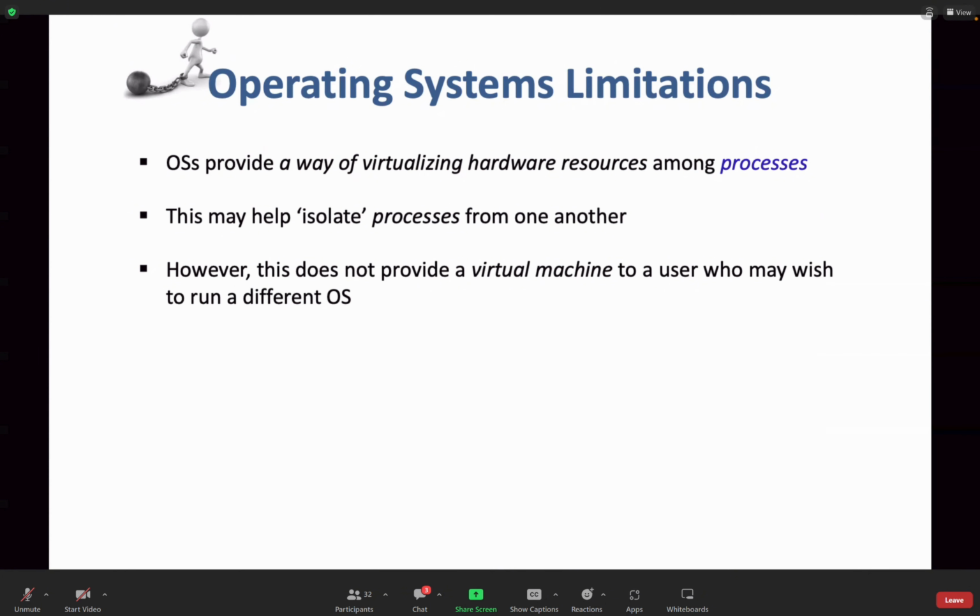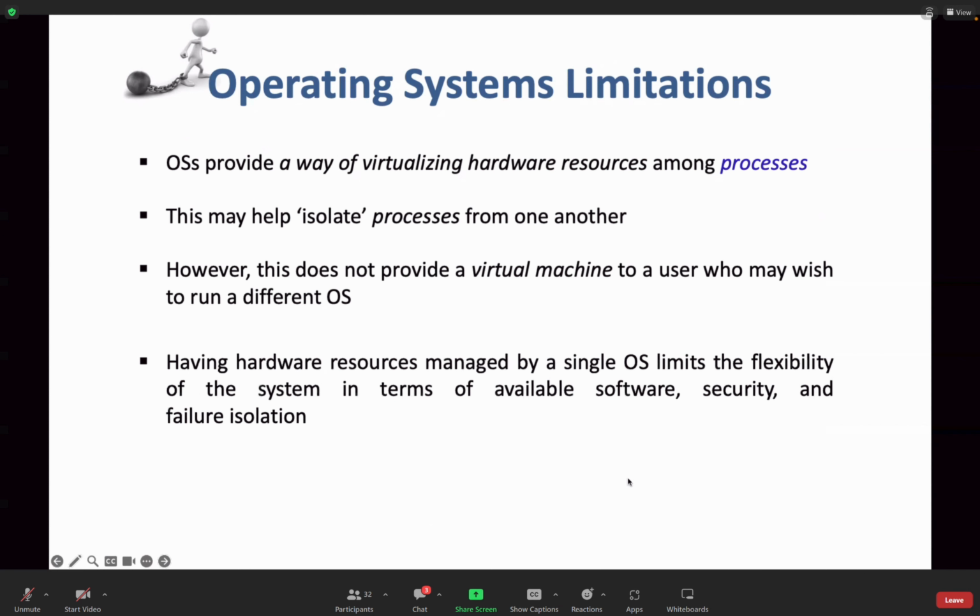They only virtualize the hardware on a single machine and enable a virtual environment for different applications or different users. Still, it's all on top of a single operating system. So the hardware management was done by a single OS.